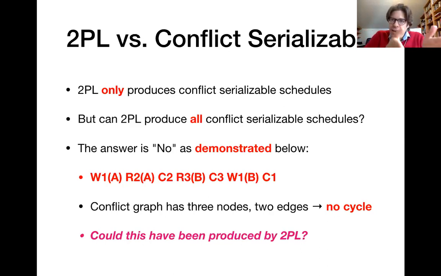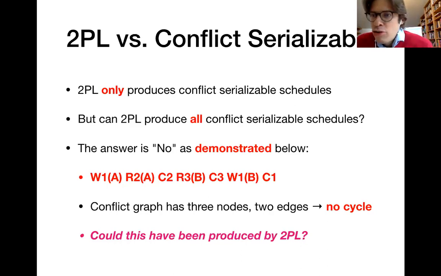If you consider, for instance, this example schedule: transaction 1 writes something to object A, transaction 2 reads from object A and commits, transaction 3 reads object B and commits, transaction 1 writes again to object B and then commits.